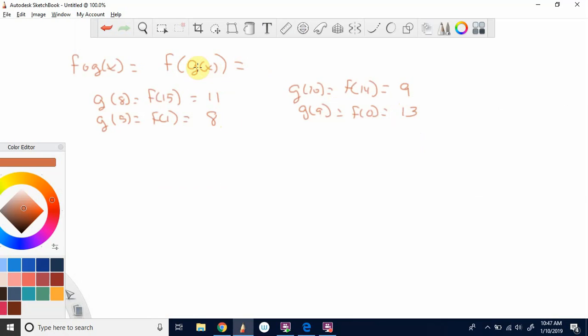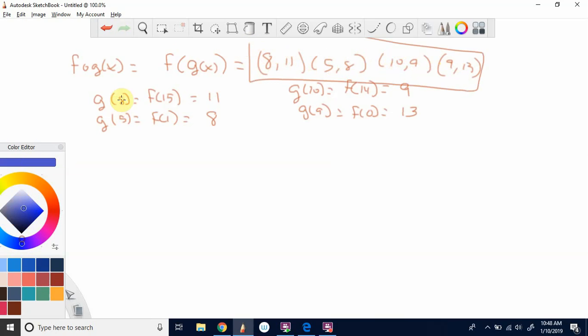So now f∘g, or f of g of x, you can read it either way, is (8, 11), (5, 8), (10, 9), and (9, 13). How did I get that? Input, final output. Input, final output.